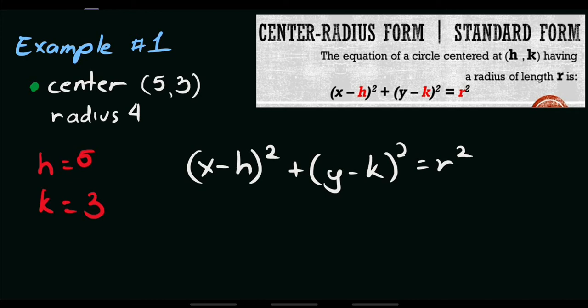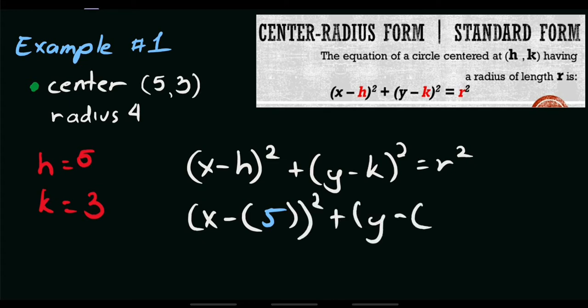By substituting the values, it will give us (x - 5)², since the value of h is 5, plus (y - 3)², since the value of k according to our given is 3, equals r². The value of r is 3, or 4, sorry, that is 4².